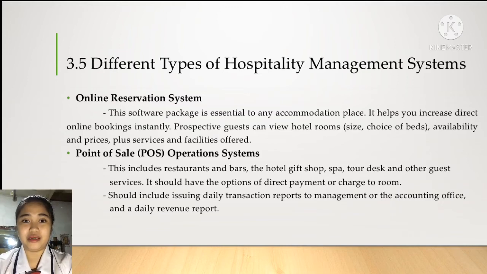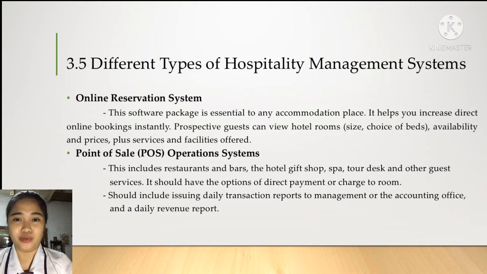So next is the point of sale operation system, or the POS. This includes restaurants and bars, the hotel gift shop, spa, tour desks, and other guest services. It should have the options of direct payment or charge to room.